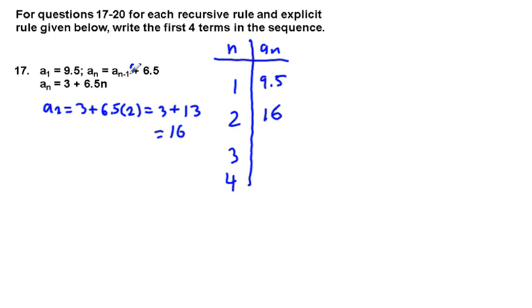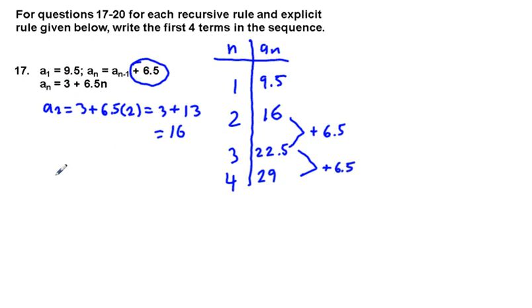And really, we are adding 6.5 every time. So if we take 16 plus 6.5, what do we get? Well, I think it's going to be 22.5. Is that right? Yeah. Then to that, we add another 6.5. We get 29.